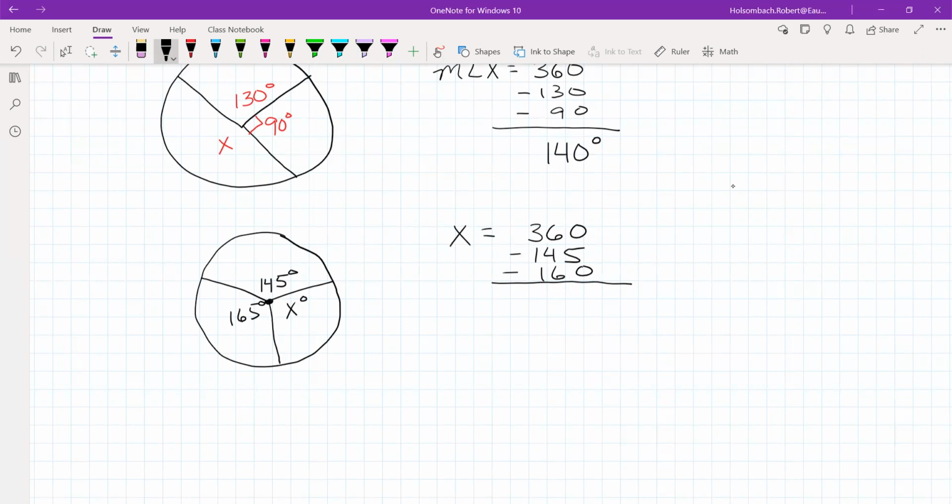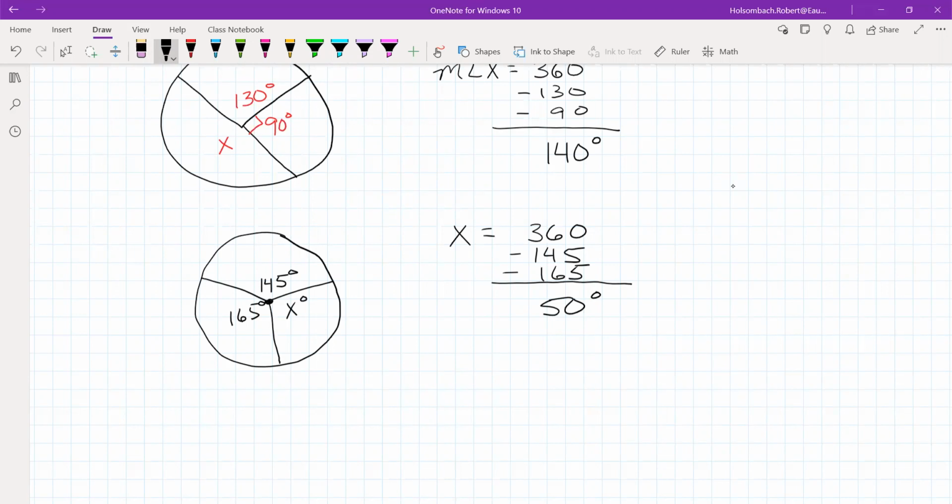The book says 165. I wrote 160. Oh, I wrote two different numbers, didn't I? Sorry about that. Let's make that a 5 over here. So 360 minus 145 minus 165 is 50 degrees. All right, any questions on that? The sum of the central angles for a circle is 360.